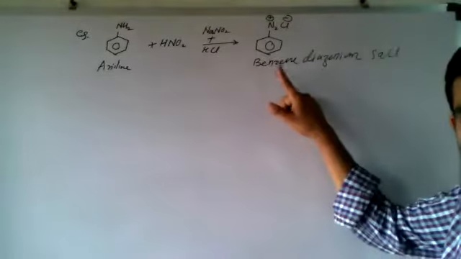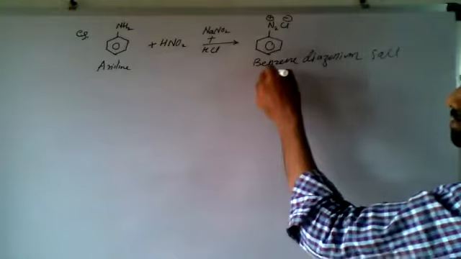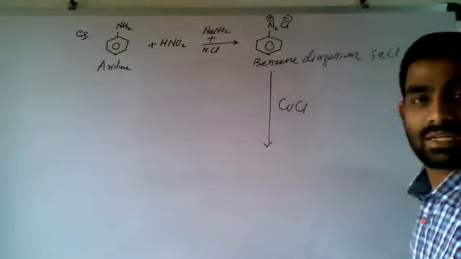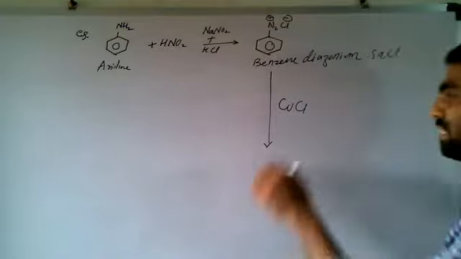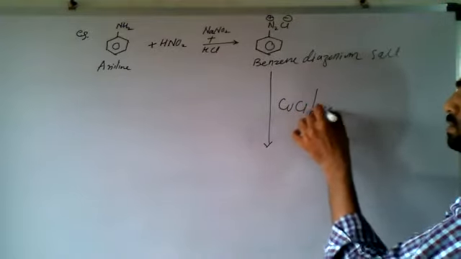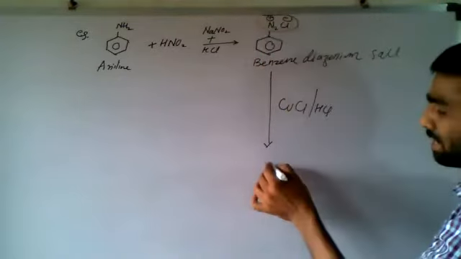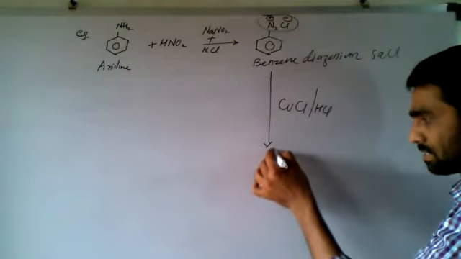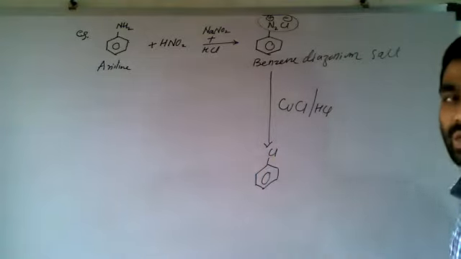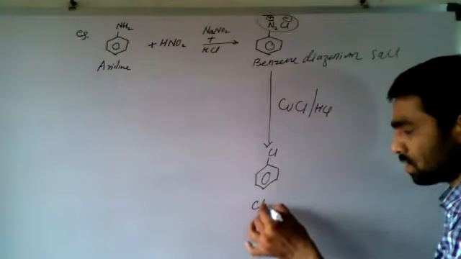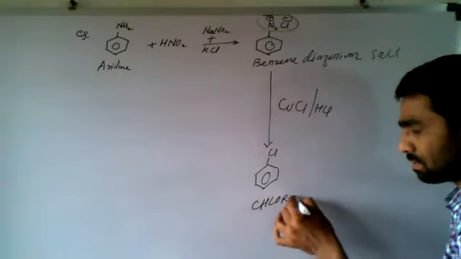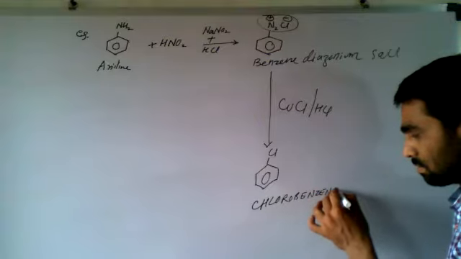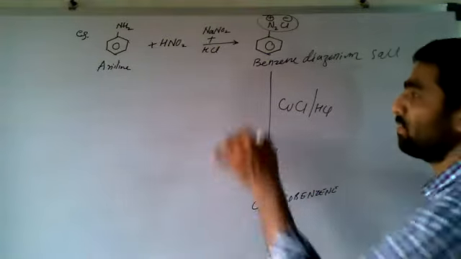This benzene diazonium salt, if you react it with CuCl and a small amount of HCl, the diazonium group will be replaced by Cl, and this is benzene chloride, also called chlorobenzene.